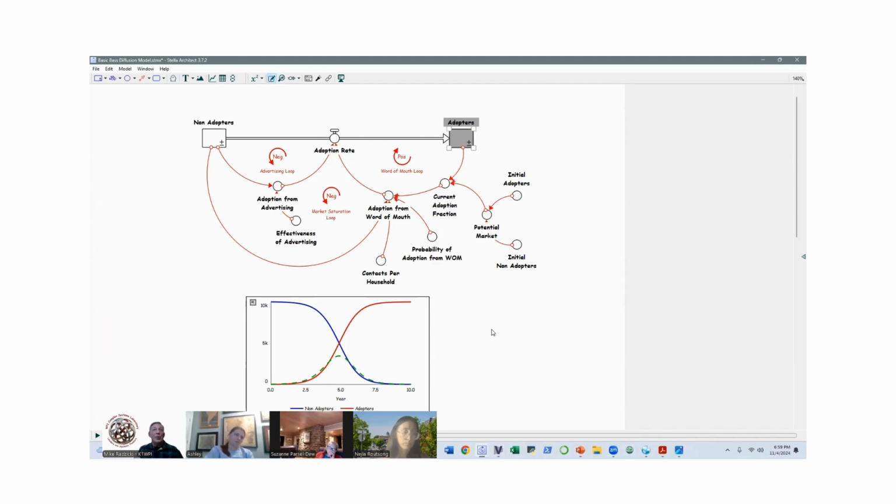So an adopter supposedly is someone who hasn't heard about the product, and a non-adopter is somebody who hasn't heard about it and doesn't know they want it. An adopter has heard about it either through advertising or word of mouth and decided they want it. Okay, well, Bass assumed they also bought it.